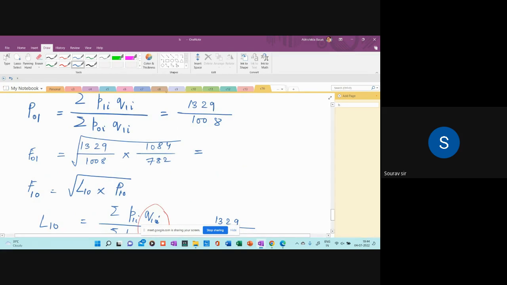Can you find this value and tell me whether it is correct or not? Can you please find out this value, 1329 into 1084?